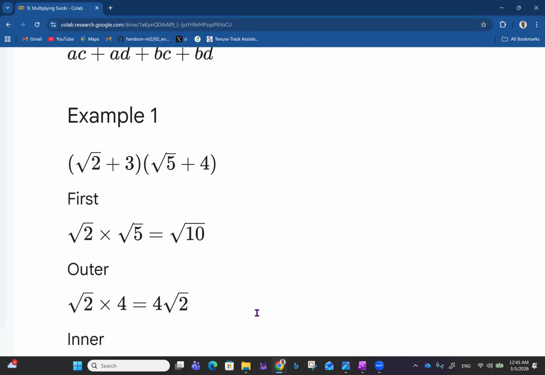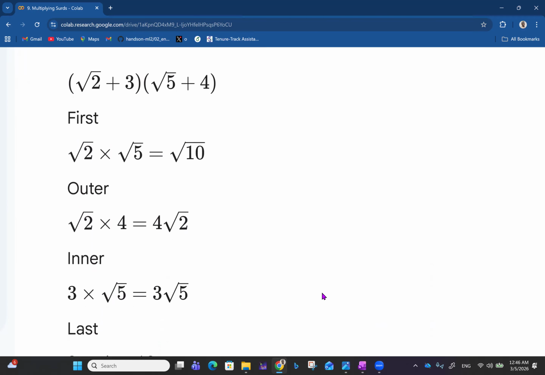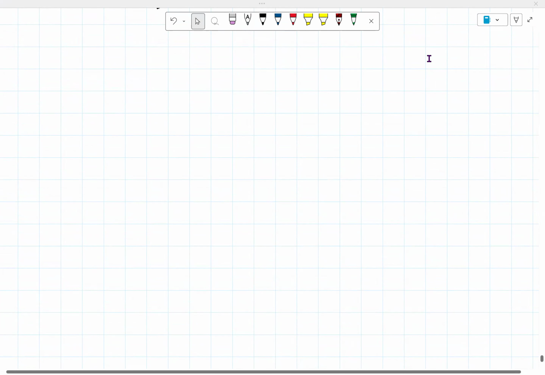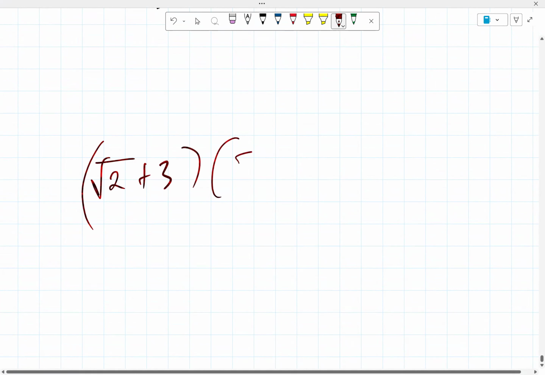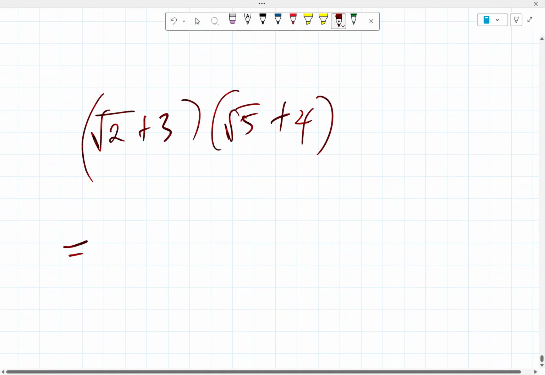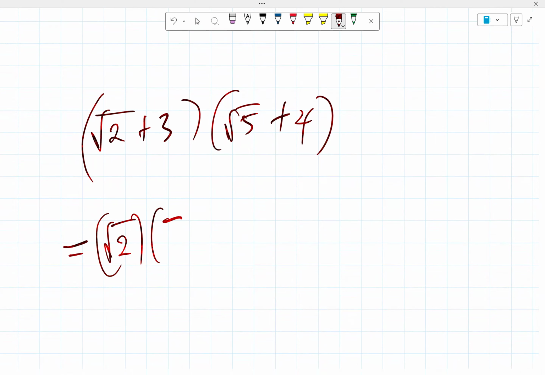But then let me go back. Let me do it on the worksheet. Root 2 plus 3 multiplied by root 5 plus 4. Using the FOIL method, you have root 2 times root 5. I think I'm jumping.